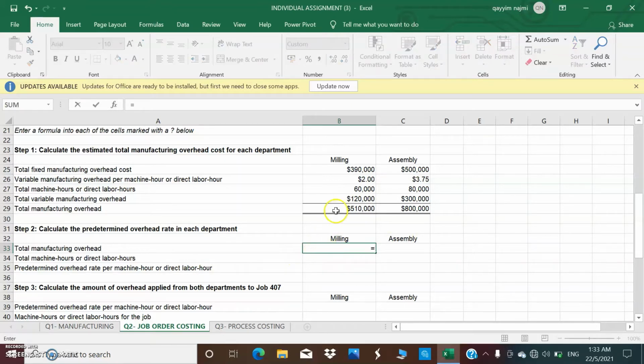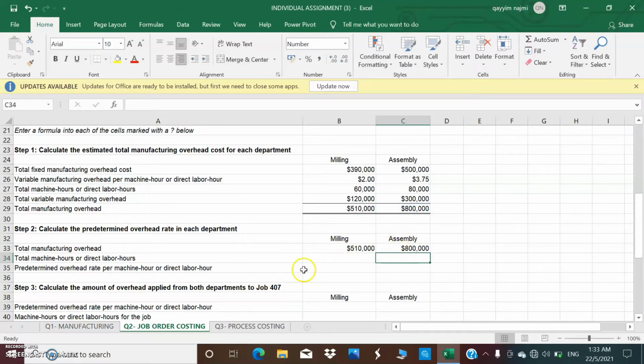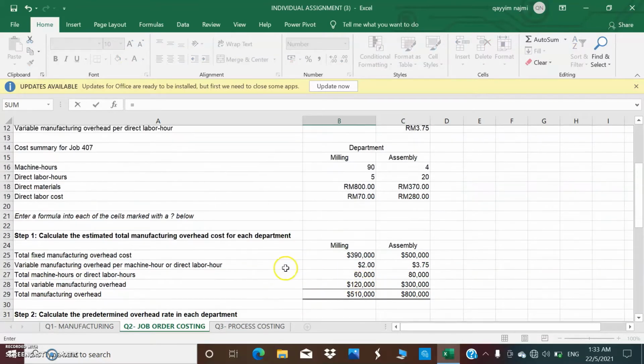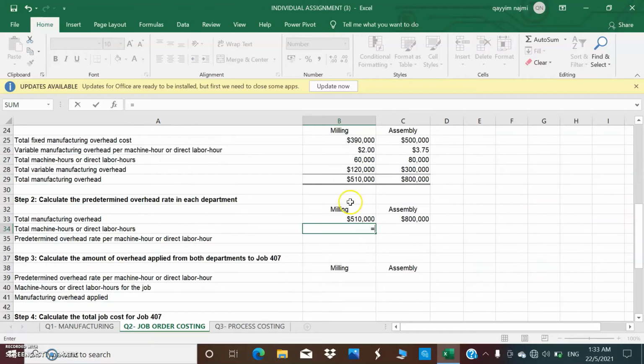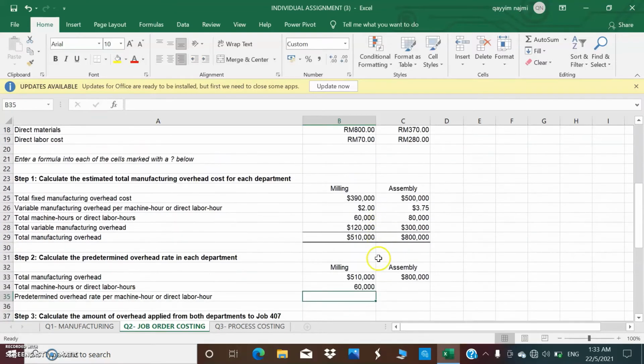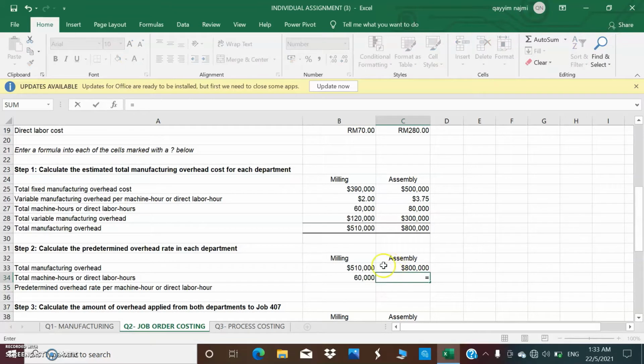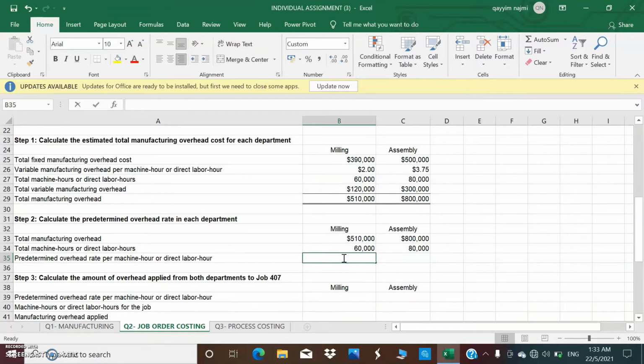The total manufacturing overhead from above is 510,000 for milling and 800,000 for assembly. The estimation basis for milling is 60,000 machine hours, and for assembly is 80,000 labor hours. So the POR is the total manufacturing overhead divided by machine hours, which is 8.50 ringgit.